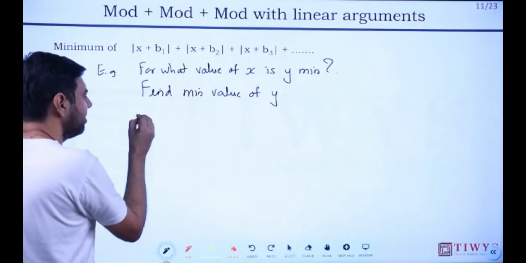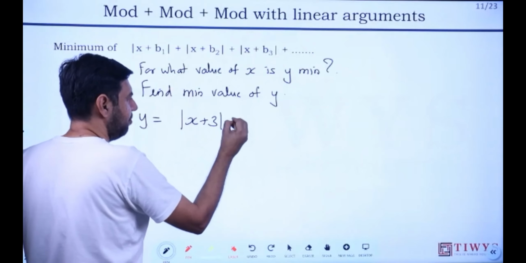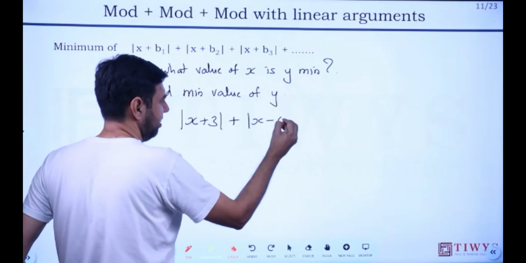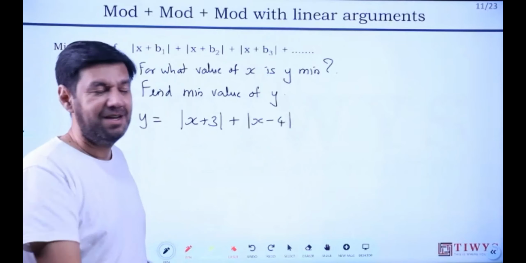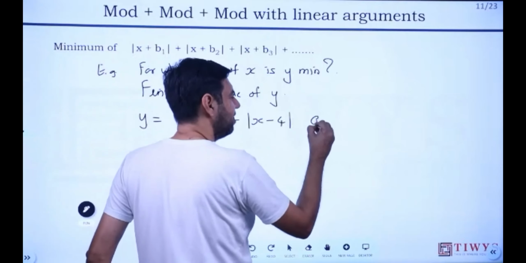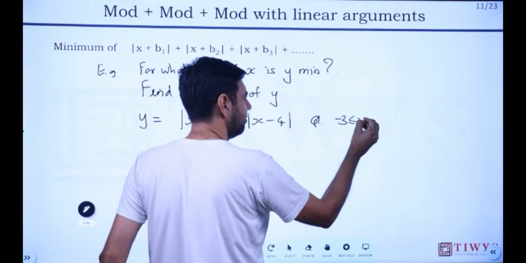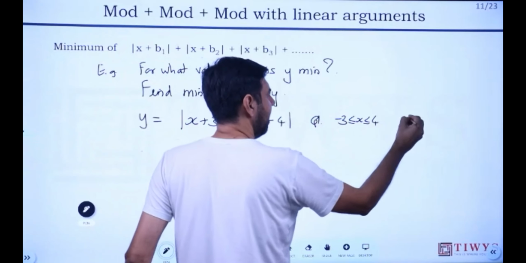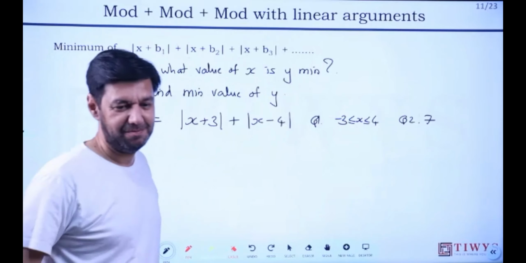And y is given: y is mod of x plus 3 plus mod of x minus 4. It should be so fast that the answer to question number 1 is simply between -3 and 4, and the answer to question number 2 is 7.